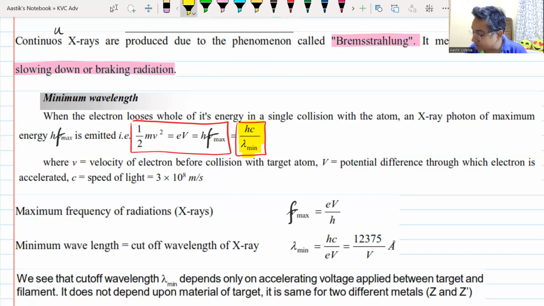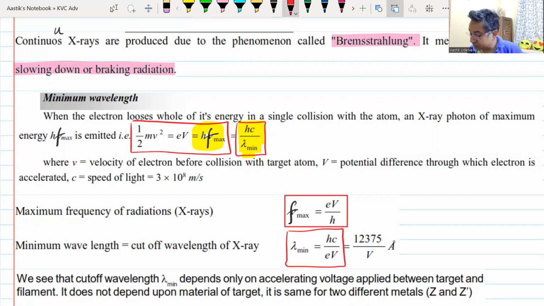Yes or no? This wavelength is known as lambda min. Do you understand the meaning of lambda min? And the frequency is known as the maximum frequency of X-ray which is produced.